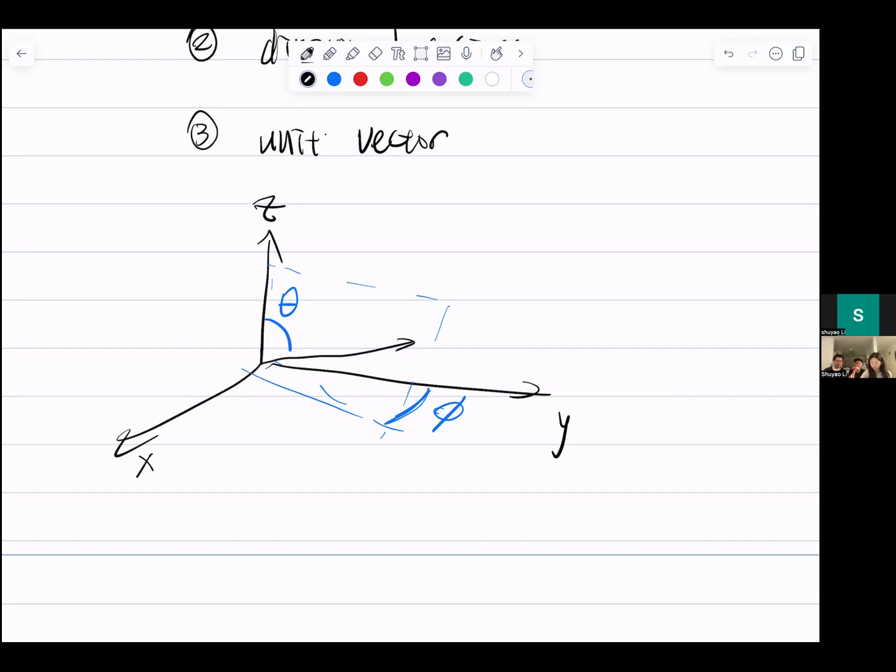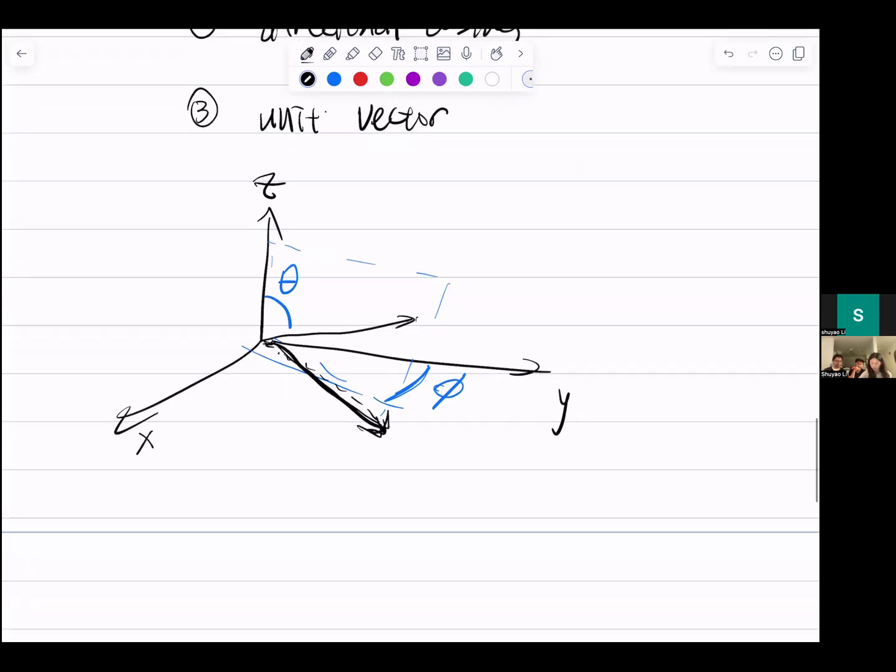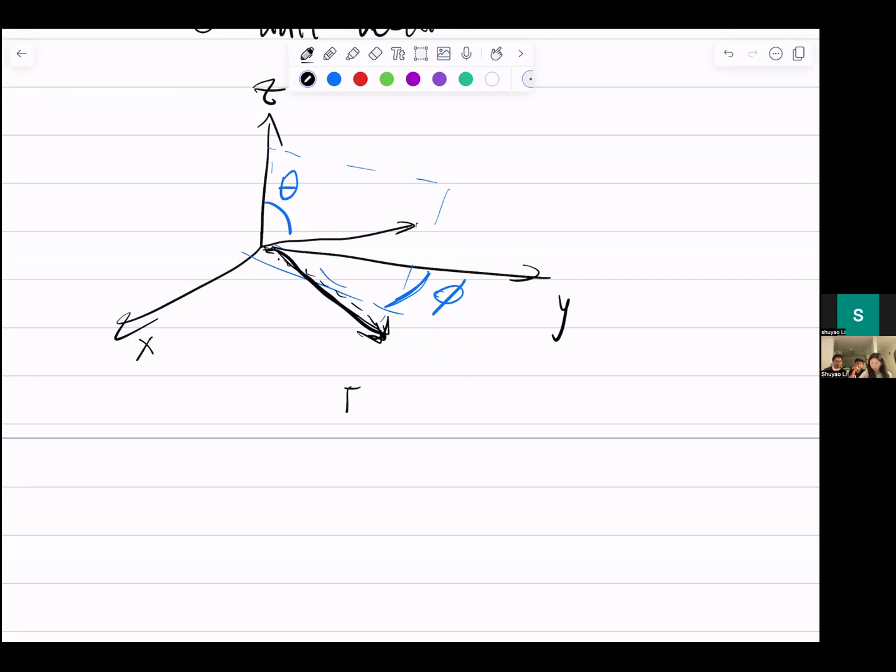So the first step we'll do is take the vector and project it on here. That's a projection of this vector, which F y will equal to F cosine theta y, because we're looking at this just in a 2D plane. We're looking at it sideways.